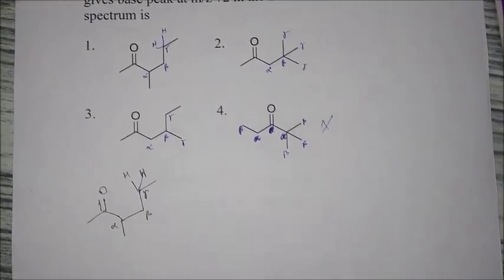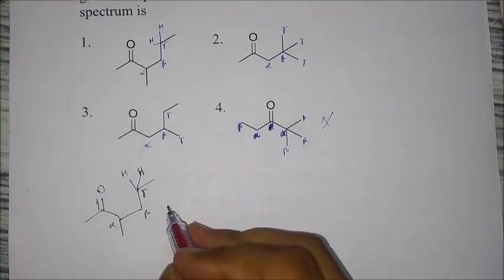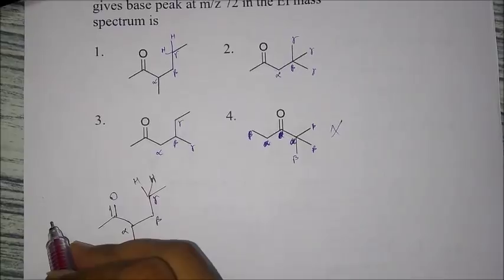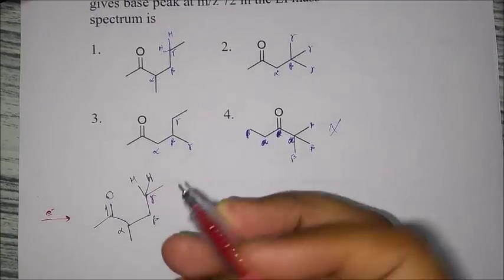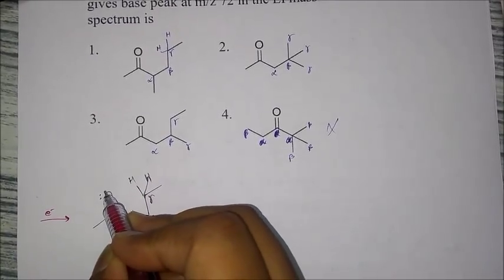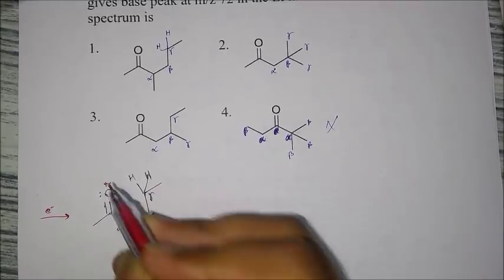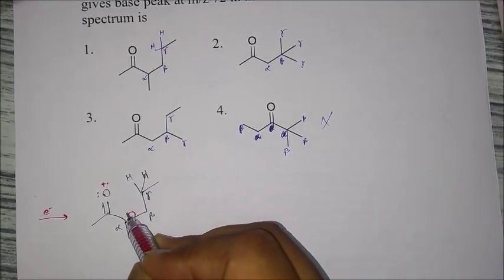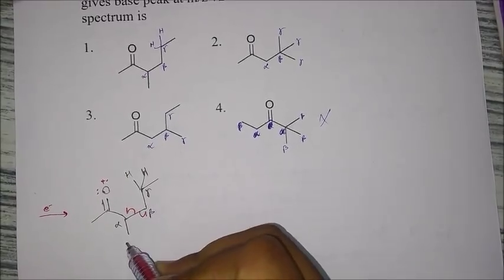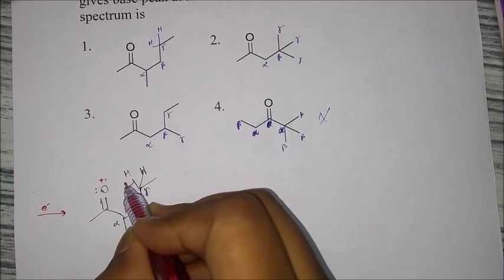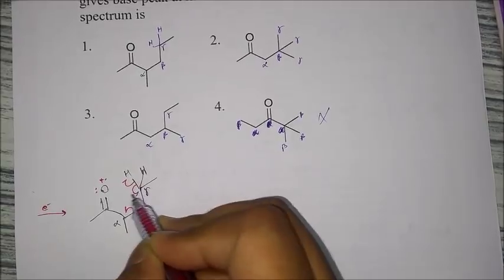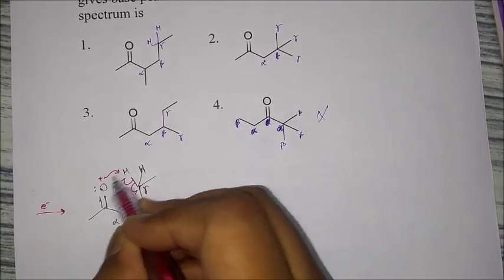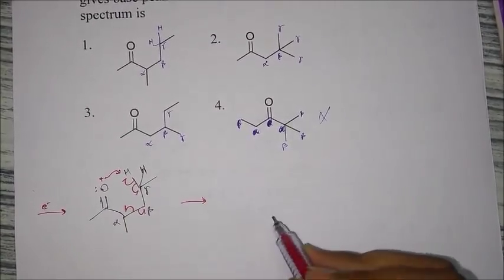First of all, I'm not doing the first step. In the first step, an electron is bombarded and we are getting a radical cation here. Okay, now what will happen? What I have told you is that the alpha and beta bond will be broken, and this gamma proton will also get broken and it will form a bond. So what will you get?